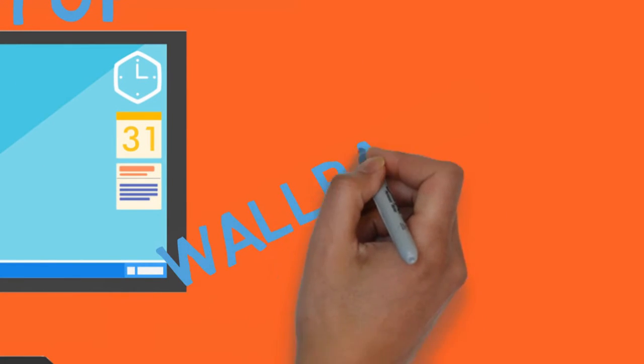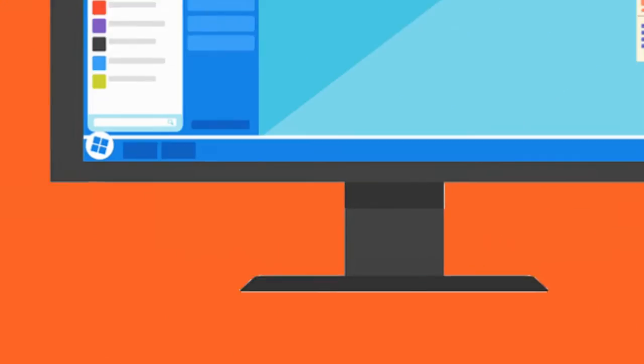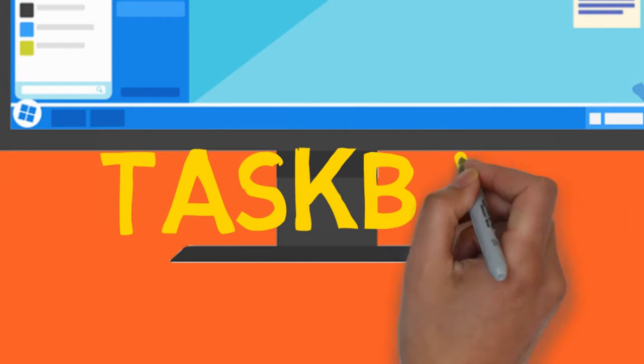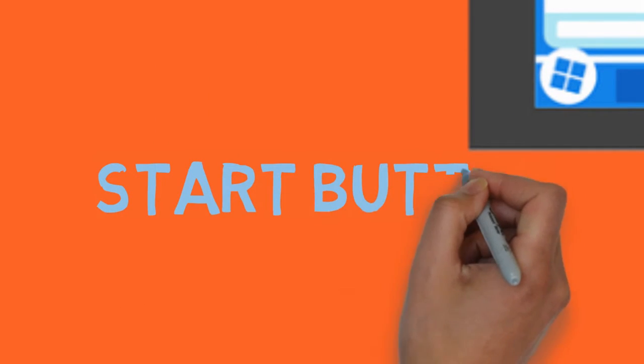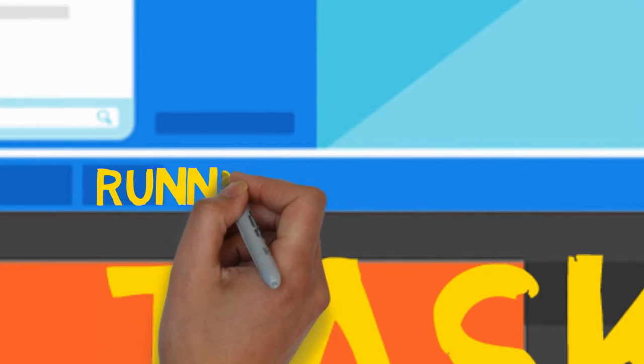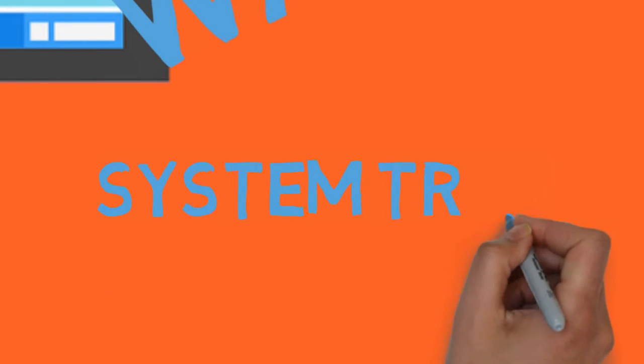This desktop has a wallpaper and some program icons. At the bottom, there is a taskbar. The taskbar contains the start button on the left side. On the right side of the start button, there are the running programs. On the right-hand side of the taskbar, there is the system tray.